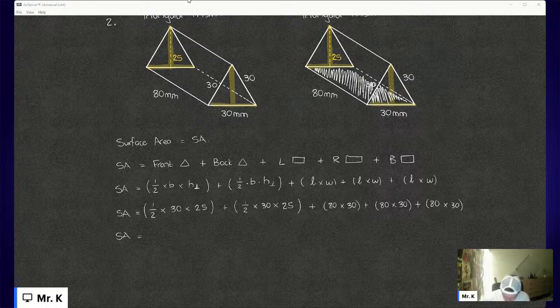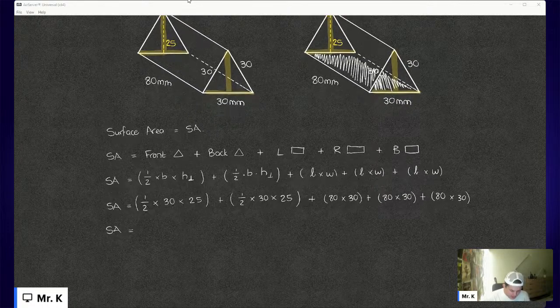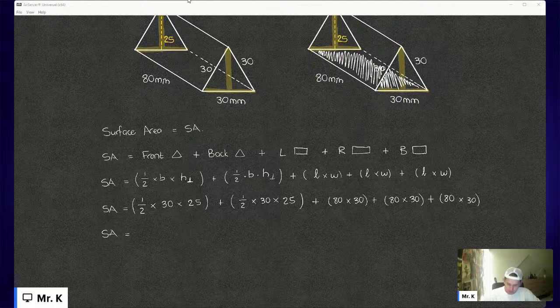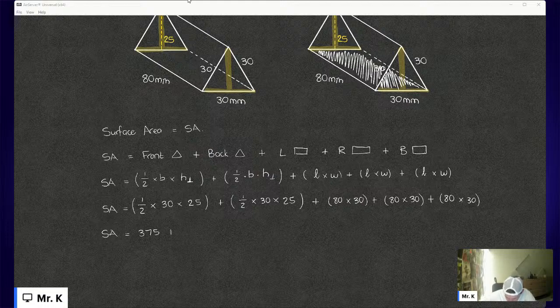Now, when we simplify and start getting our numbers, a half times 30 times 25 for our triangles comes out to 375 each.